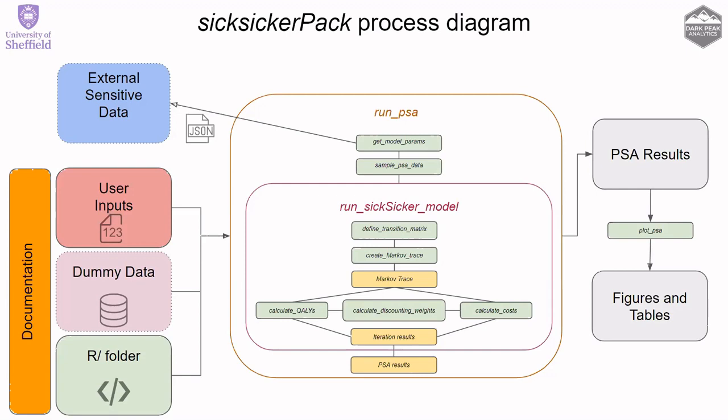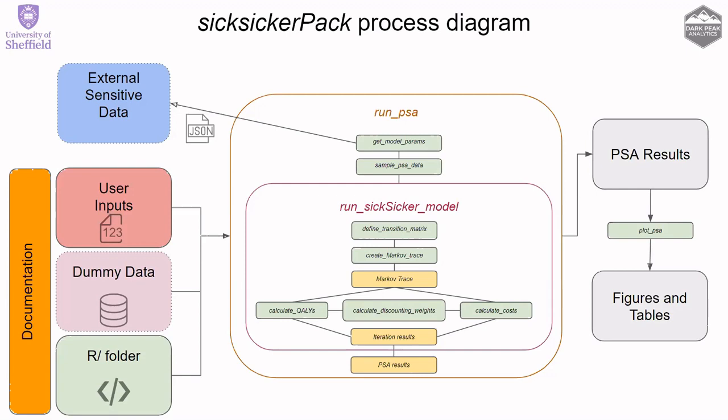The other main function we introduced was the run PSA, which is rather a wrapper or a generic function that takes in any model. It generates probabilistic sensitivity analysis parameter configurations, and then calls the run Six Sigma model in order to evaluate those parameter configurations.